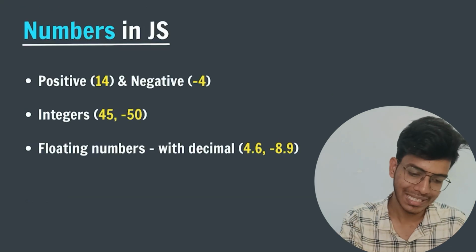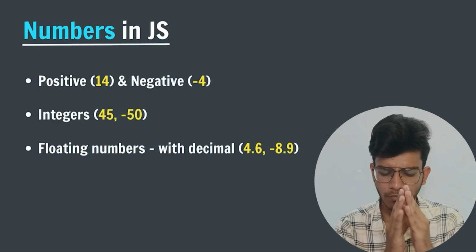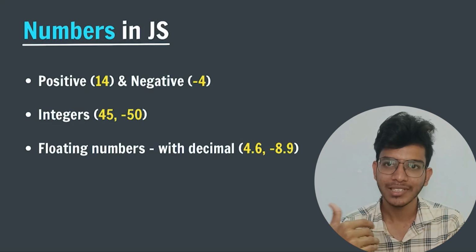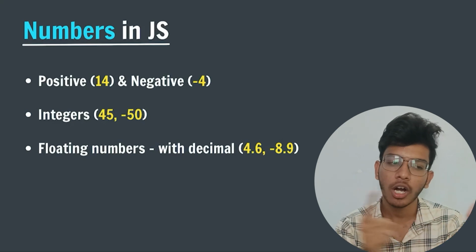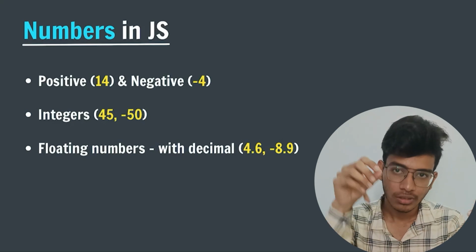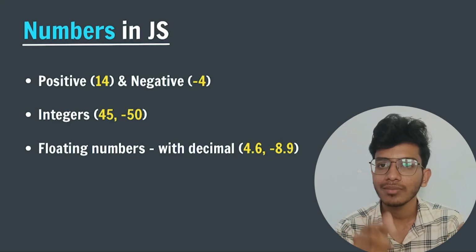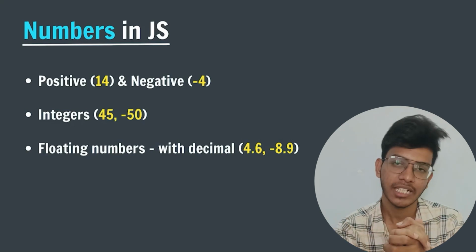Let us talk about it in detail. A number in JavaScript is basically an integer value, a float value, double, short, byte. All these things come under the number data type.